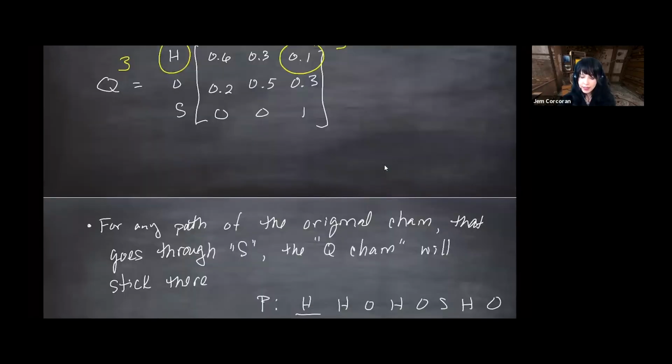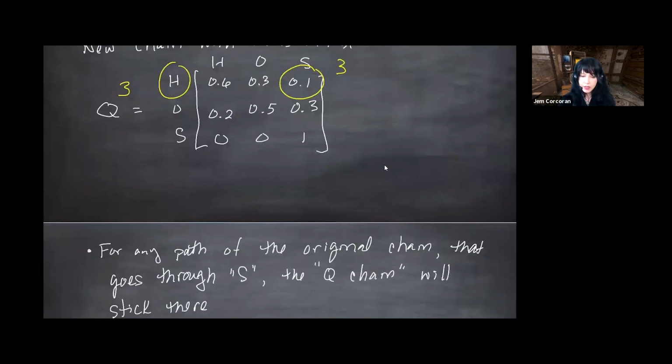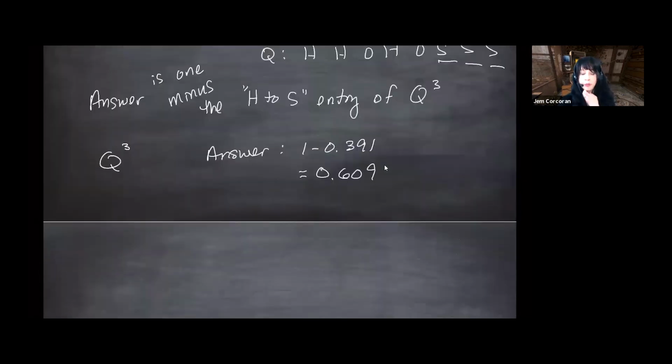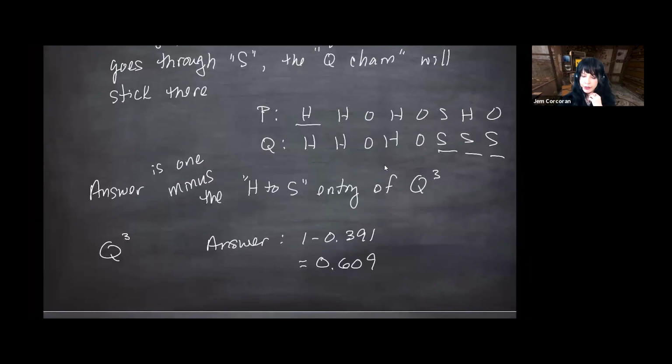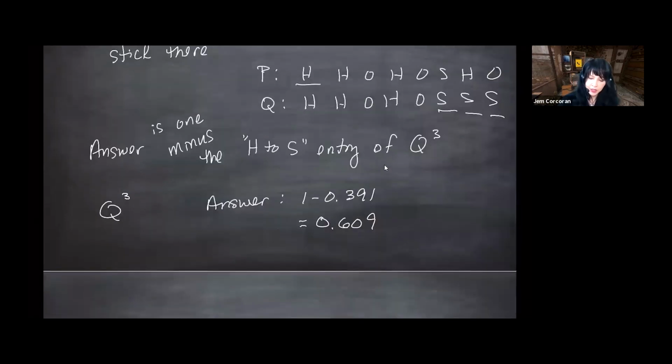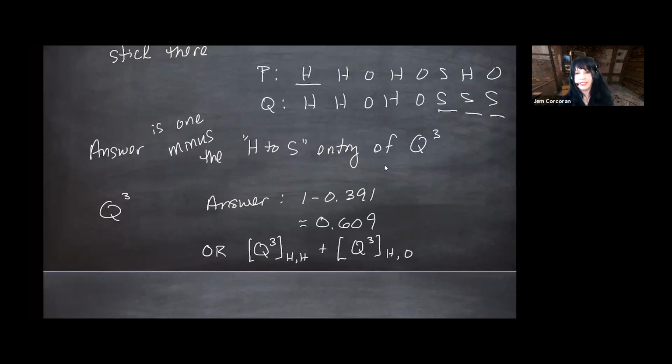By the way, if you cube your Q matrix, then this answer should be the probability of going... I'm going to use a notation here that I don't really know how to denote this. So this could be Q cubed, and then we could take the happy to happy entry plus Q cubed, the happy to okay entry.